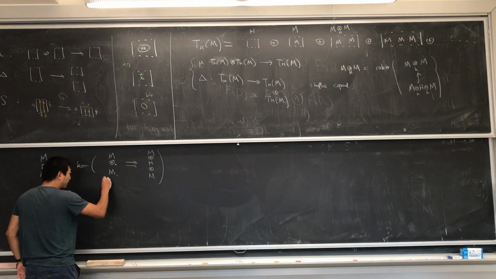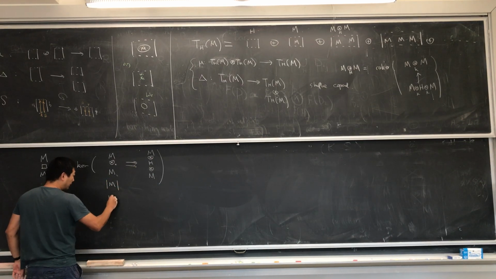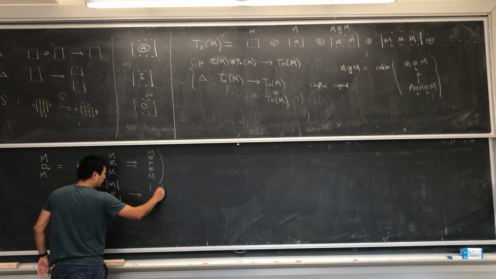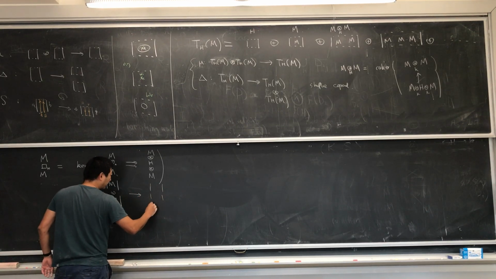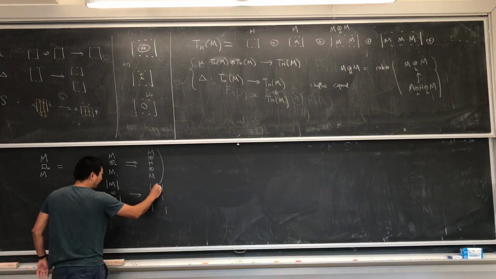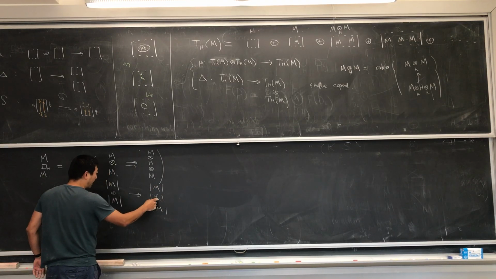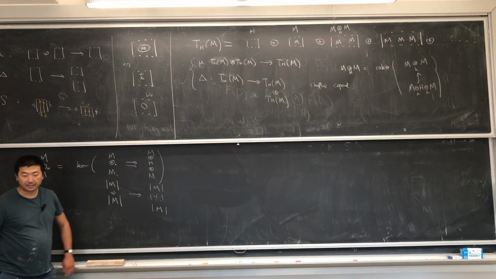So, drawing pictures. You can have M, M. H is just an empty thing, a disk.